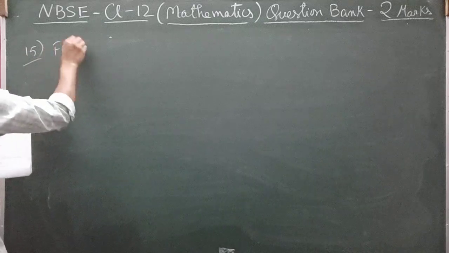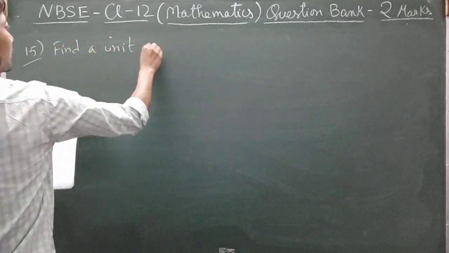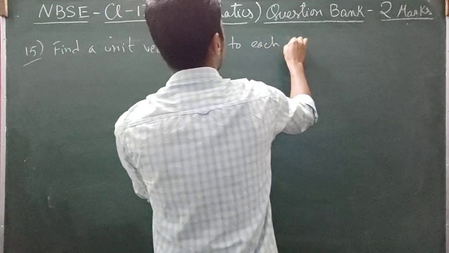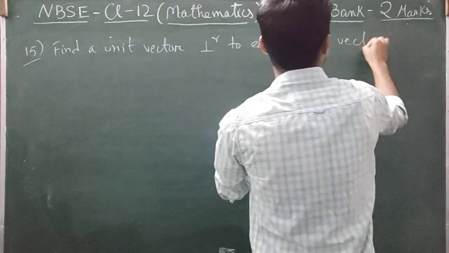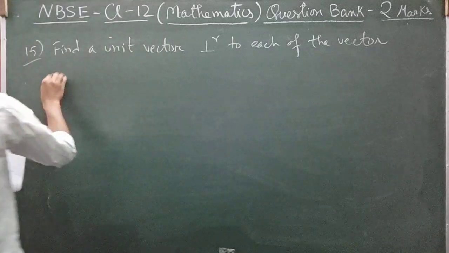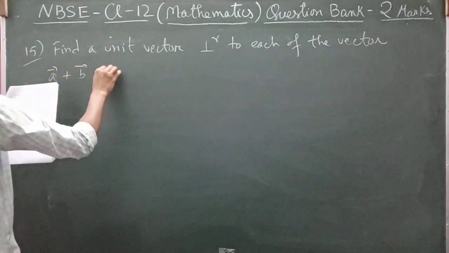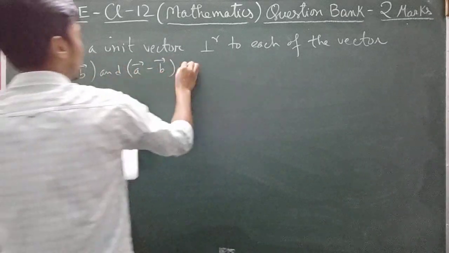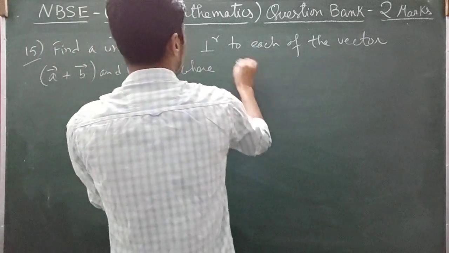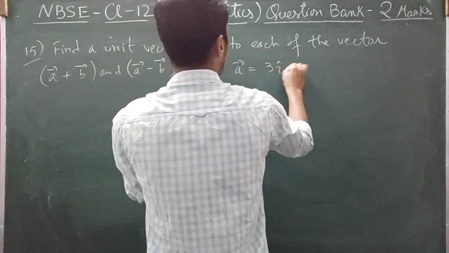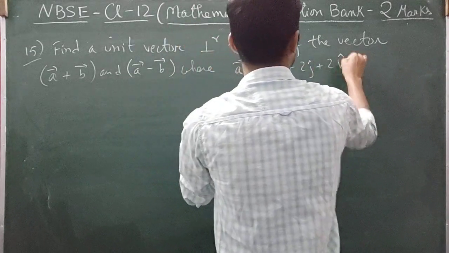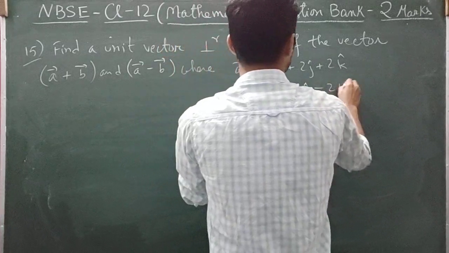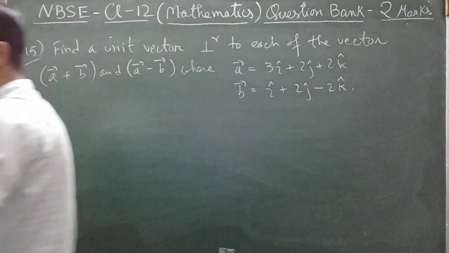That is, find a unit vector perpendicular to each of the vectors a plus b and a minus b, where the vectors are given a to be 3i plus 2j plus 2k and b to be i plus 2j minus 2k. Another simple question.